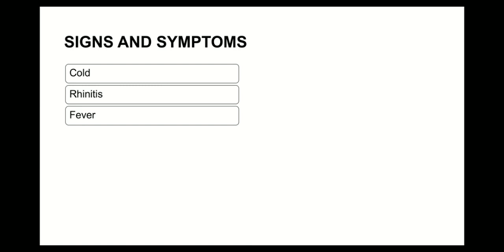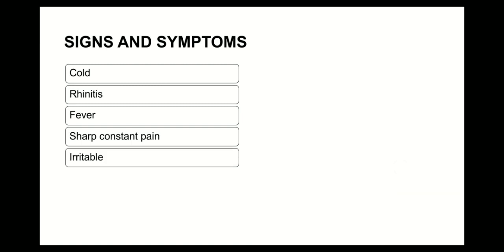First, we have cold, we have rhinitis, we have fever, low-grade fever for several days. Also, the accumulation of fluid in the middle ear chamber will result in pressure. So the more fluid there is, the greater the pressure, and that pressure will bring about sharp, constant pain.